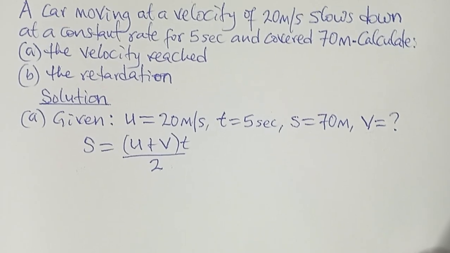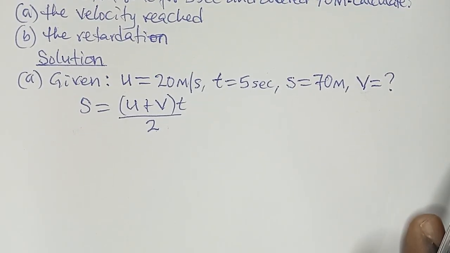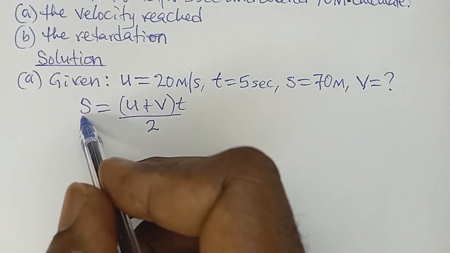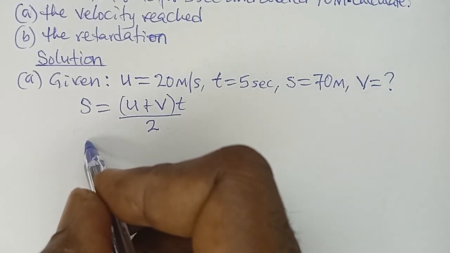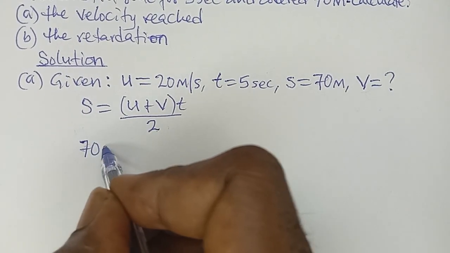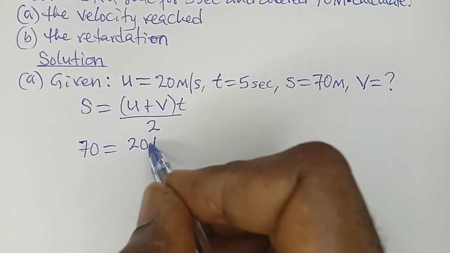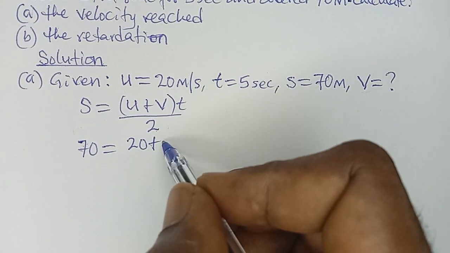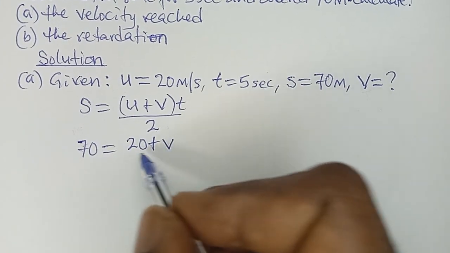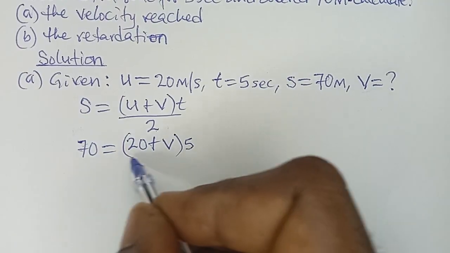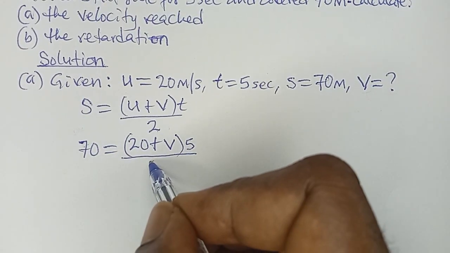So now let's substitute the values so that we can find the final value of V. So the distance is 70 meters. So S is 70, the initial velocity is 20 plus the final velocity V, that is what we are looking for, and then the time is 5 multiplied by the time, all divided by 2.